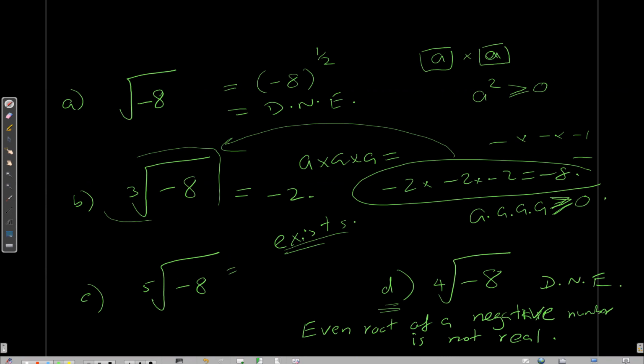All I can say at this point is that it's a number between negative 1 and negative 2, because negative 2 to the 5th is negative 32 and negative 1 to the 5th is negative 1. So that is negative 1 point some number, but it exists. The point here is to understand that an even root of a negative number does not exist, while an odd root of a negative number exists.